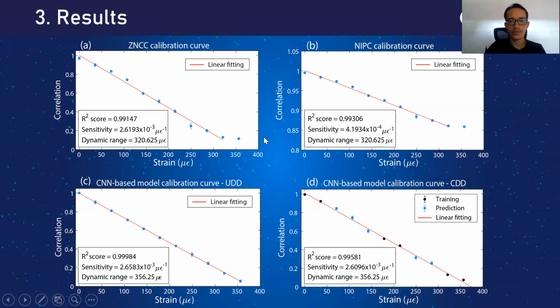Another improvement can be seen in the R2 score. The calibration curves generated by the CNN model present a higher score, which indicates an improvement in the linearity of the calibration curves. In addition, the proposed approach maintains a high level of sensitivity.